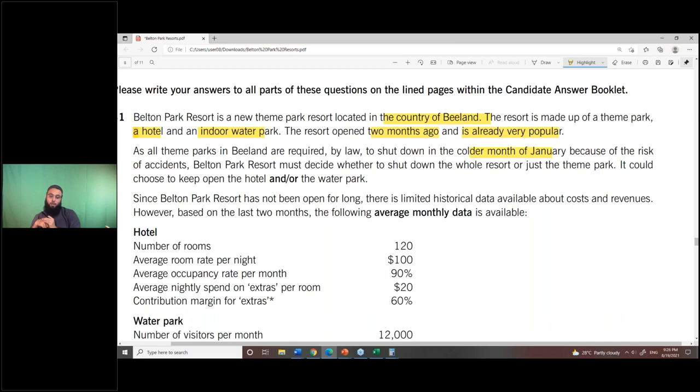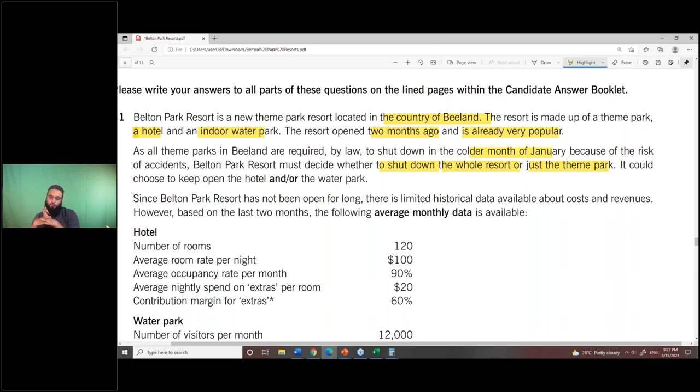Because of the risk of accidents, Belton Park Resort must decide whether to shut down the whole resort or just the theme park. So they have to take a decision whether they should close the entire resort or open the theme park.